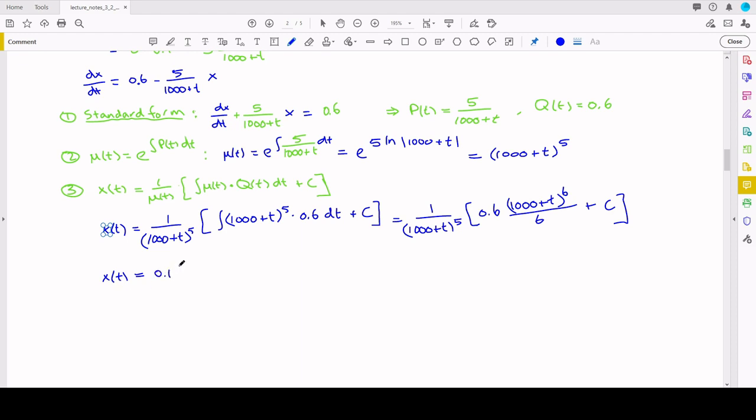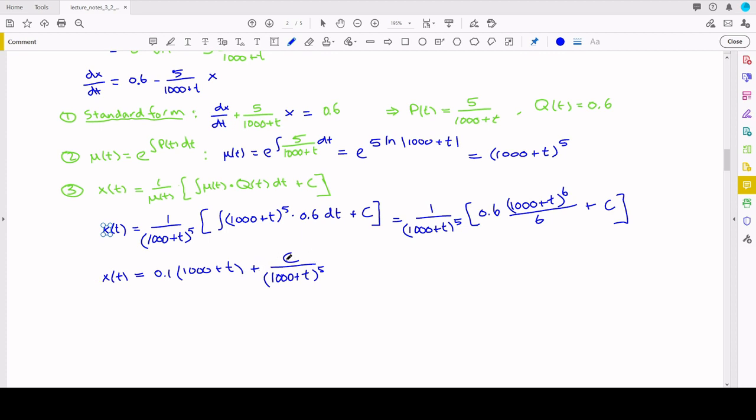So we get 0.1 times 1000 plus t, and then plus c over 1000 plus t to the power of 5, right? That's this factor times that term c. So that's our solution for x of t.